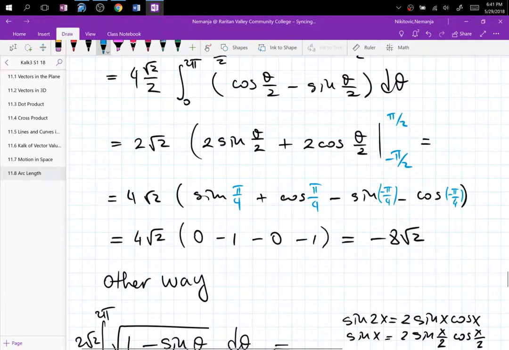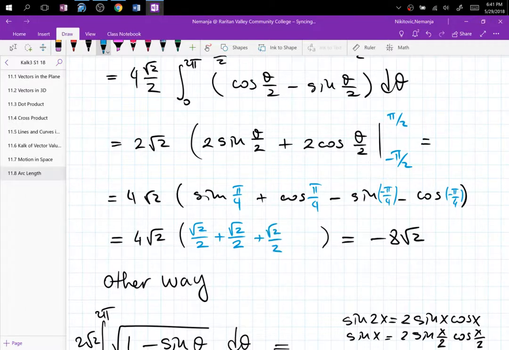And now we need to compute this. All of these are now different. Sine of pi over 4 is root 2 over 2. Cosine of pi over 4 is root 2 over 2. Now, negative sine of pi over 4: sine is an odd function, so the negative will jump ahead, and we will have another root 2 over 2.